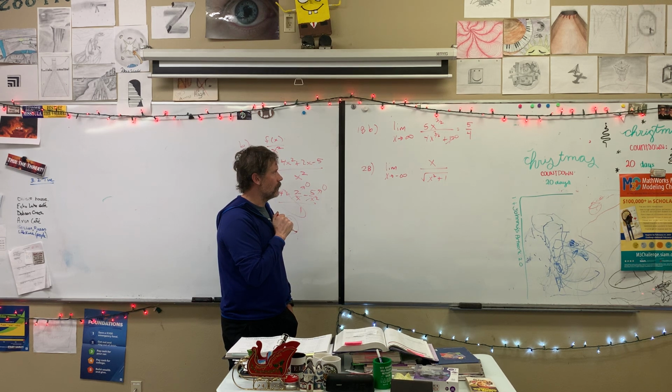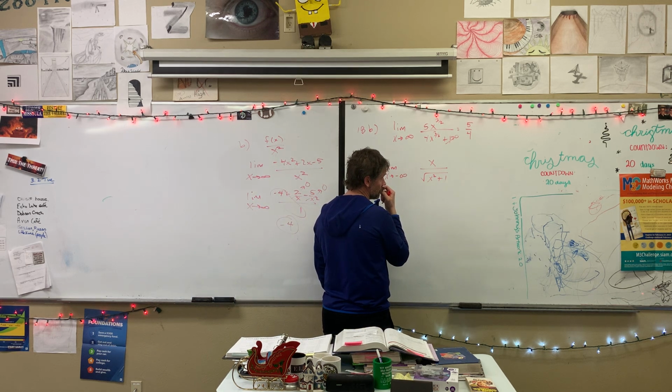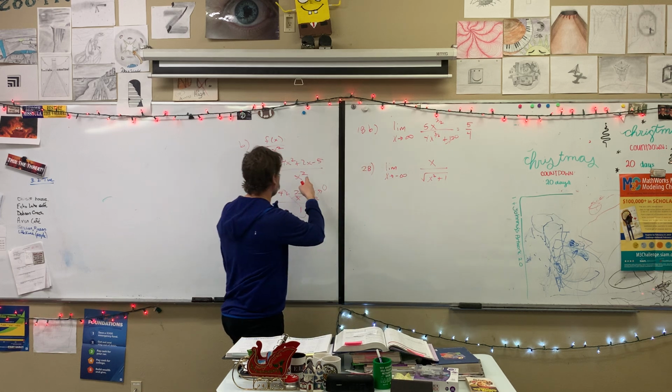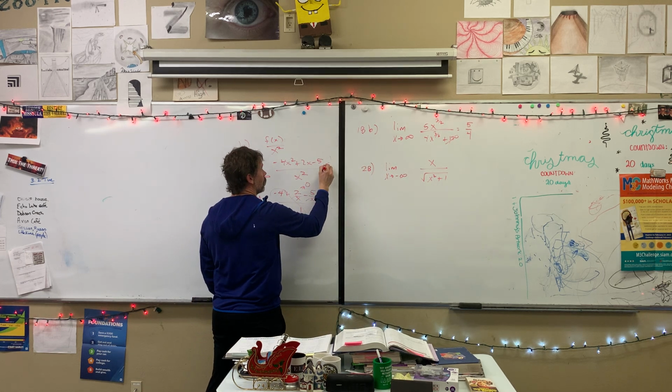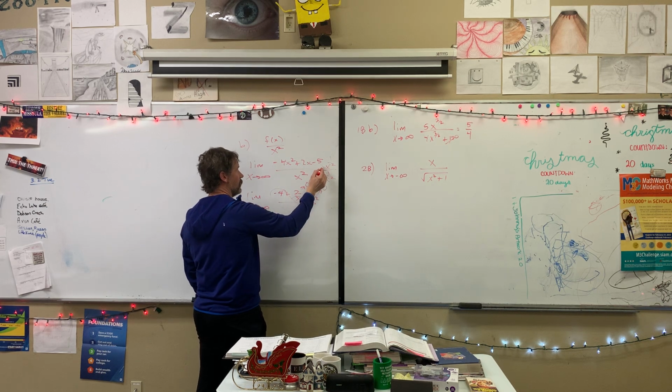Does the square root really change anything? Well, like this one, we didn't show the step, but it was 1 over x squared over 1 over x squared, and then that went into everything.